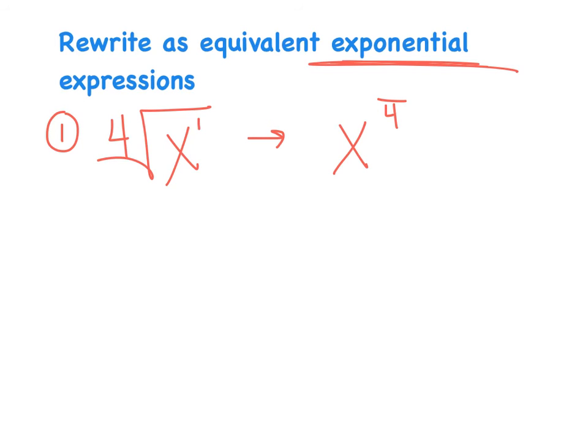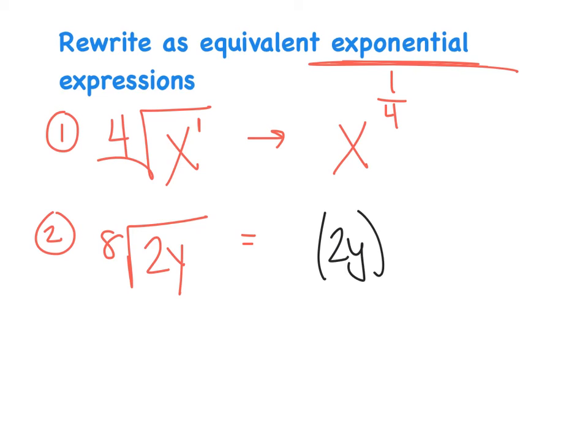Well, the exponent here is a 1, of course, so I'm going to say x to the 1/4. If I say the 8th root of 2y, okay, now notice, both of these are in there, so I'm going to say this is the quantity 2y raised to the 1/8. Notice that the parentheses are around both because they're both under that radical.